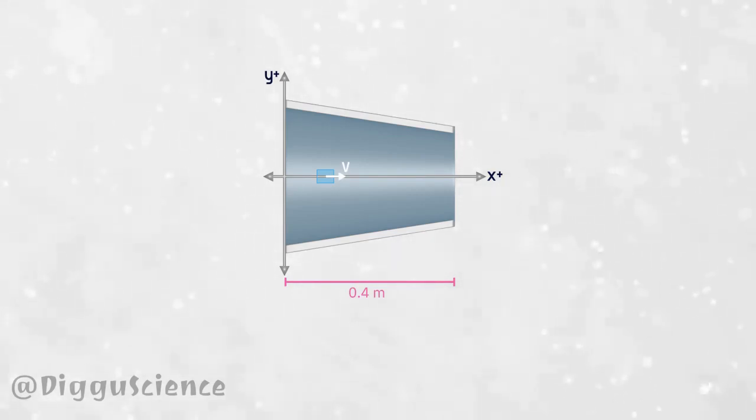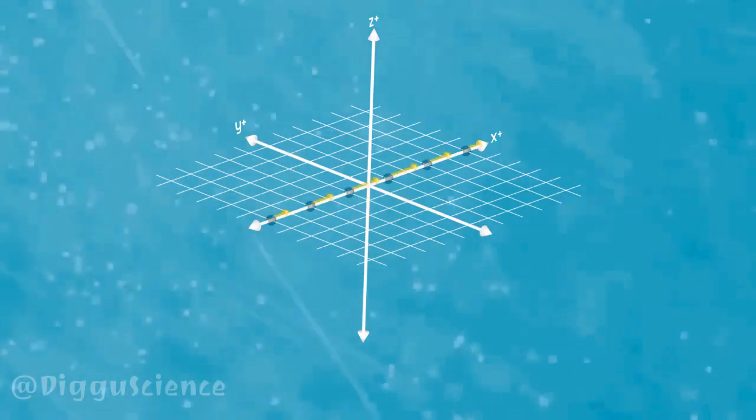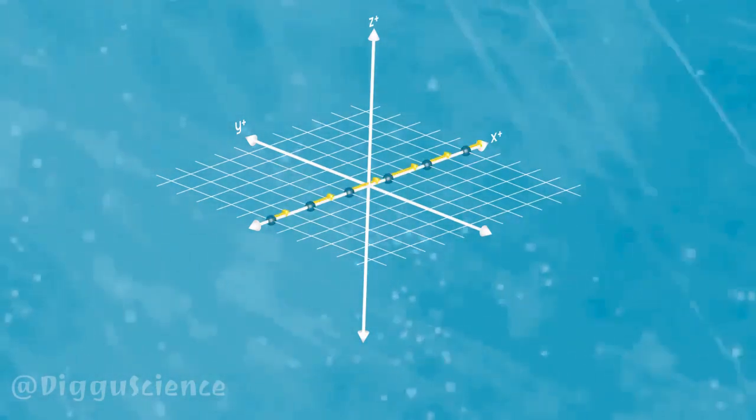In three-dimensional space, velocity is a function of four independent variables, x, y, z, and t. We can write the velocity v like this. What does it mean? That each point on the x-axis can have a different velocity.